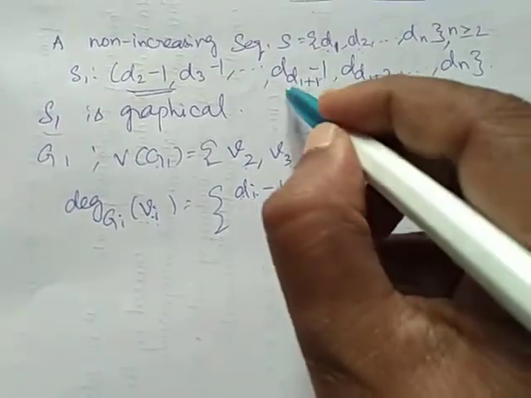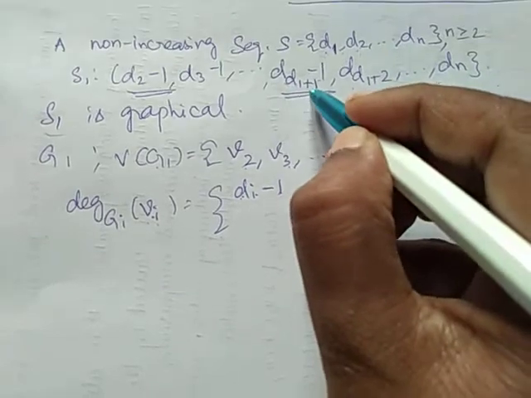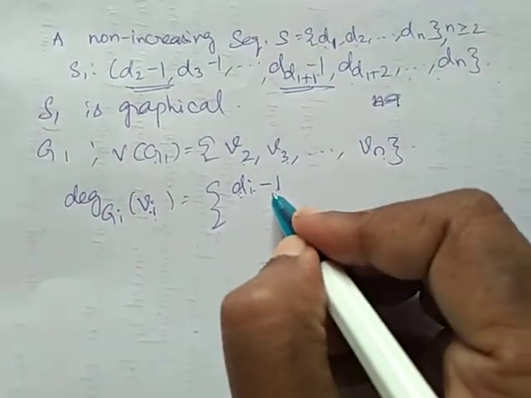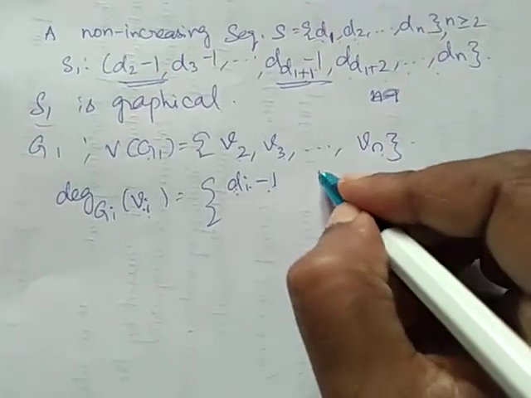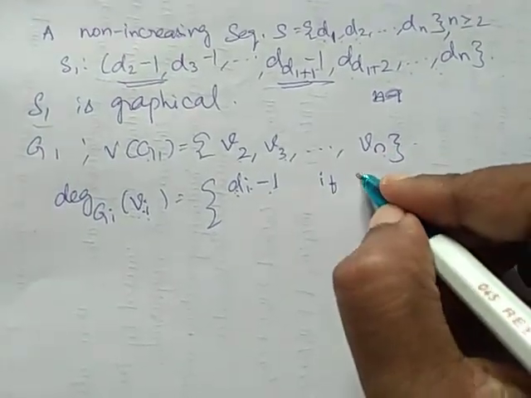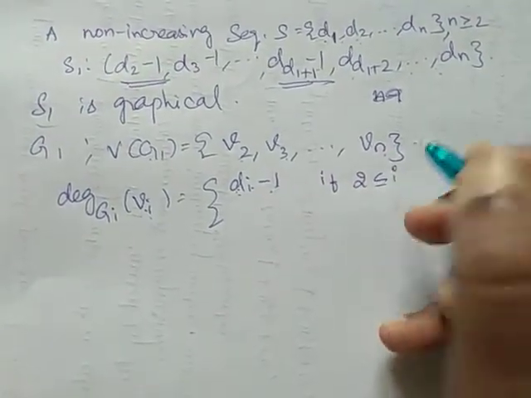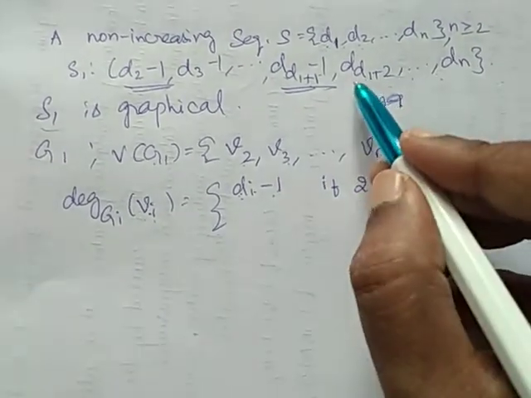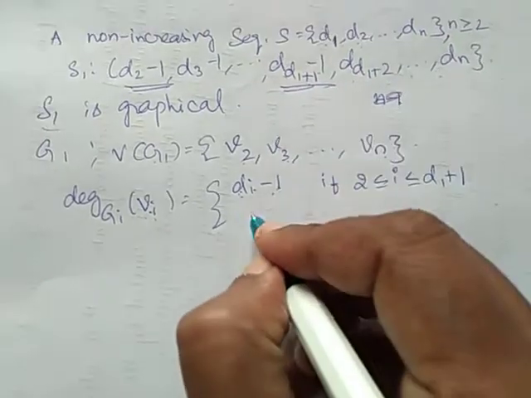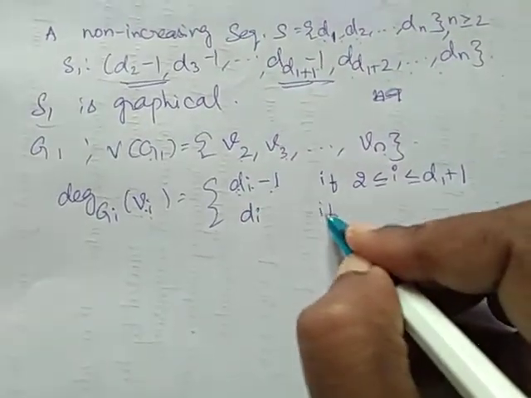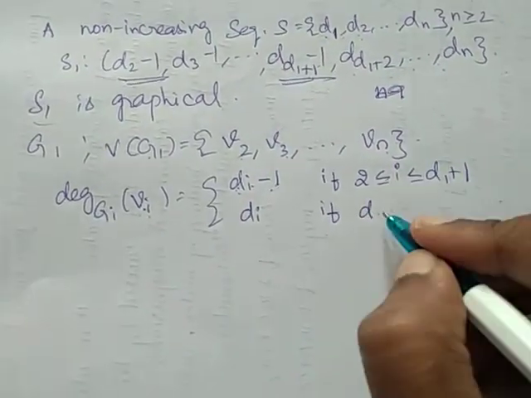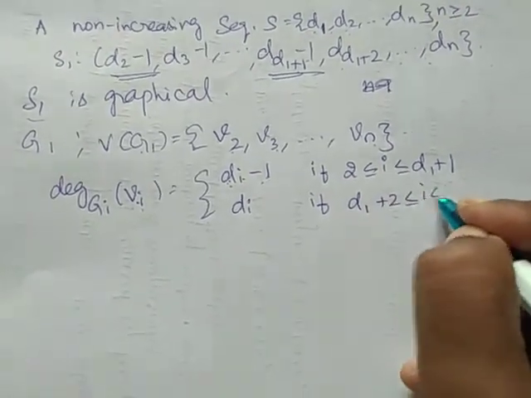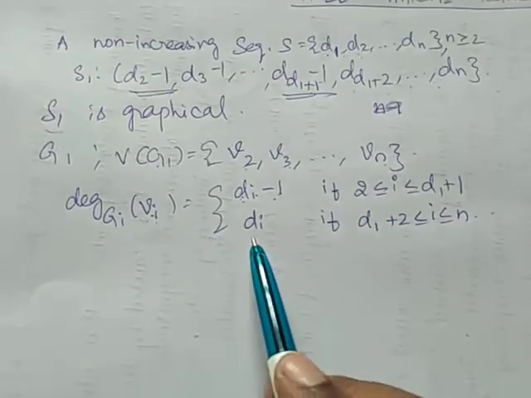Till where? Till i equal to D1 plus 1. Therefore, the degree is Di minus 1 if 2 is less than or equal to i less than or equal to D1 plus 1. Whenever i is greater than D1 plus 1, it is Di itself, till n, it is Di.